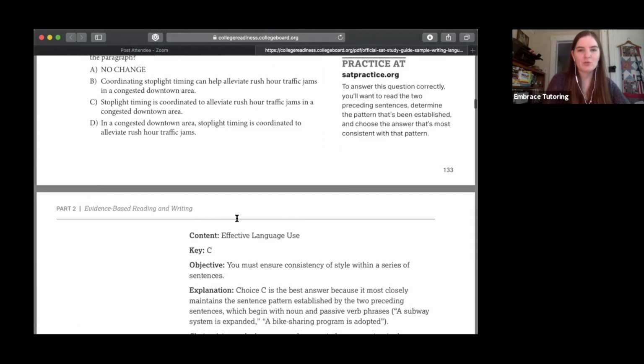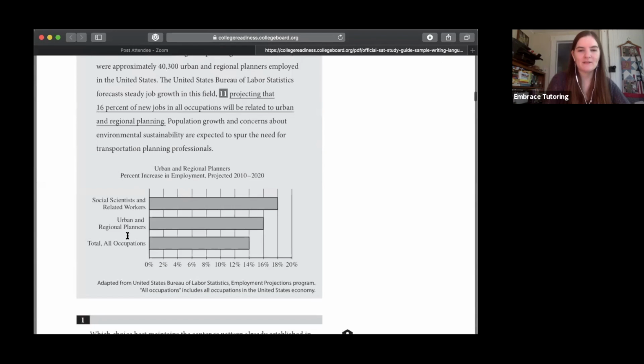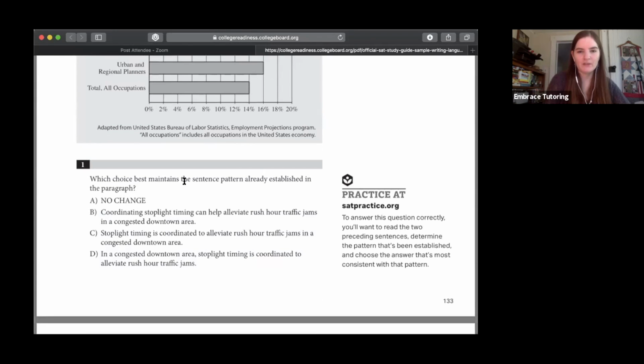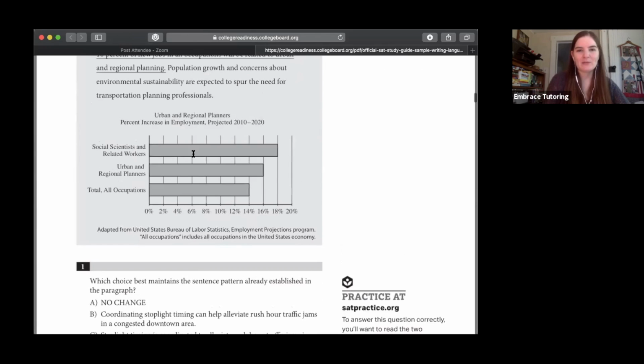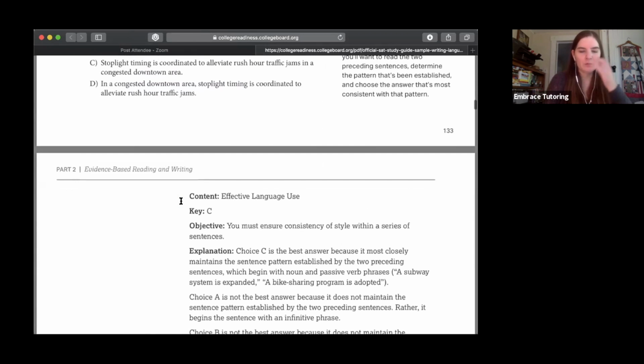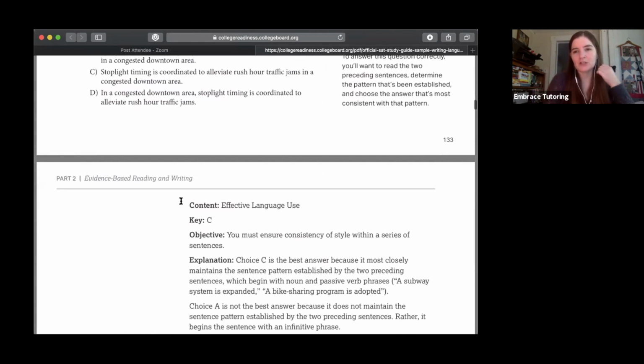These questions do involve the infographic, but this particular question is focused more on the sentence pattern that's being established in the paragraph, which is a different type of question, but it's still focused more on the paragraph level than on a broader textual level. Okay.